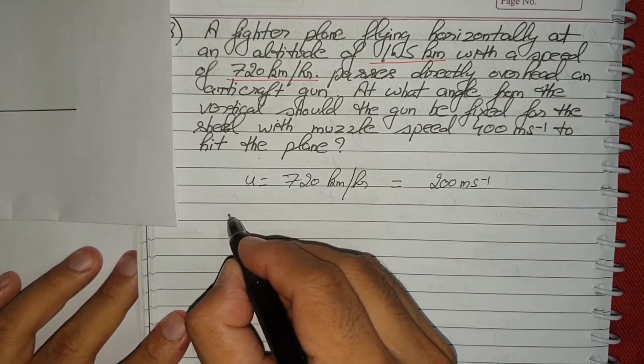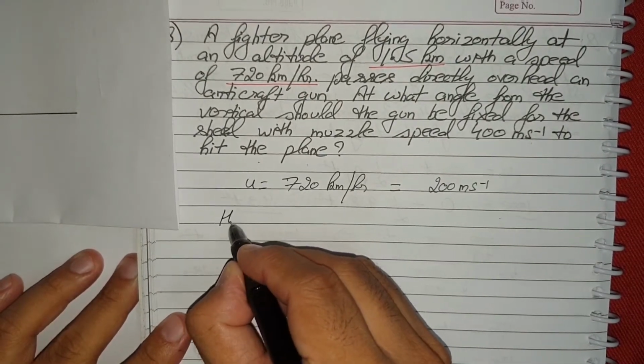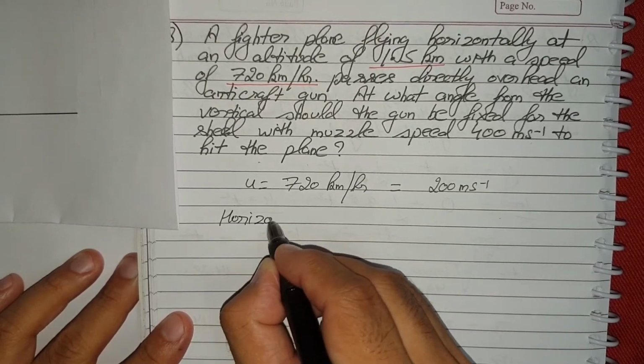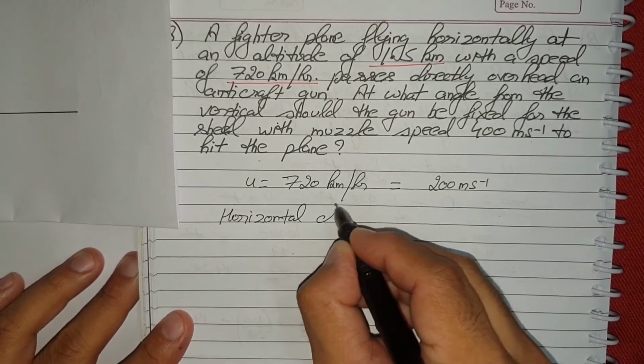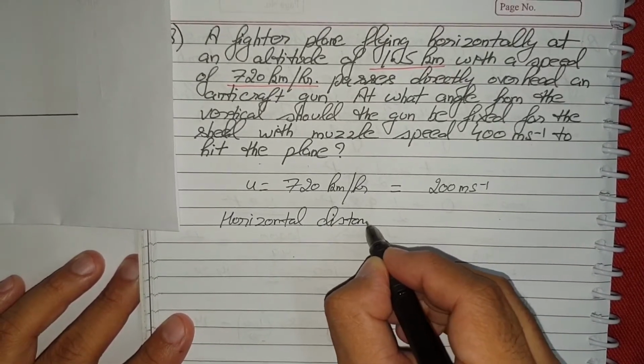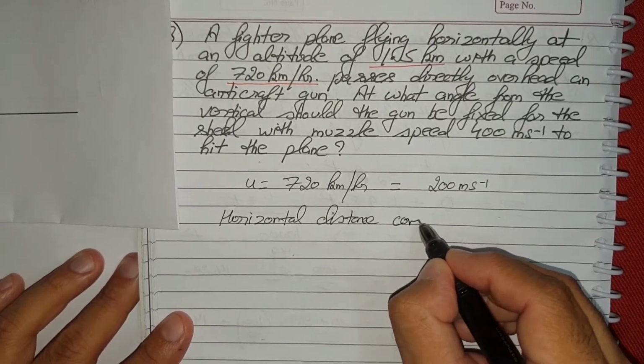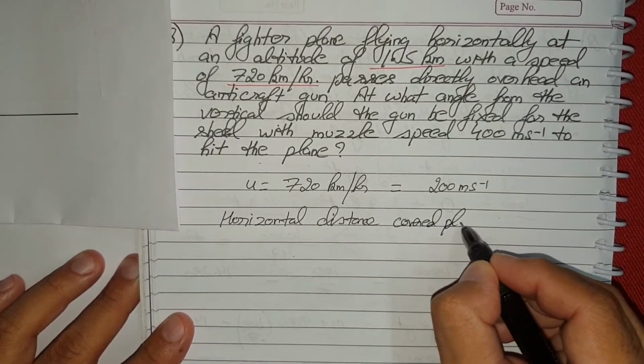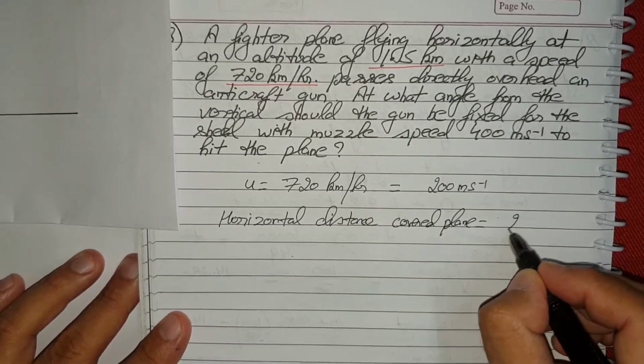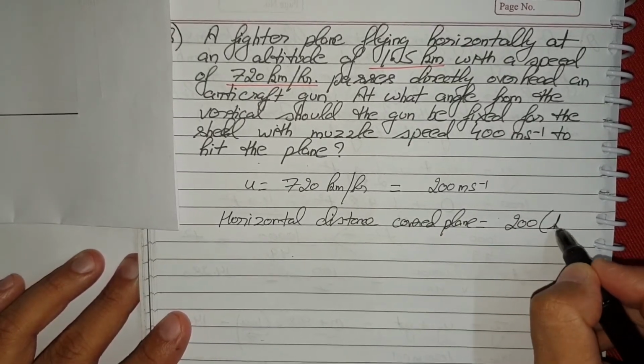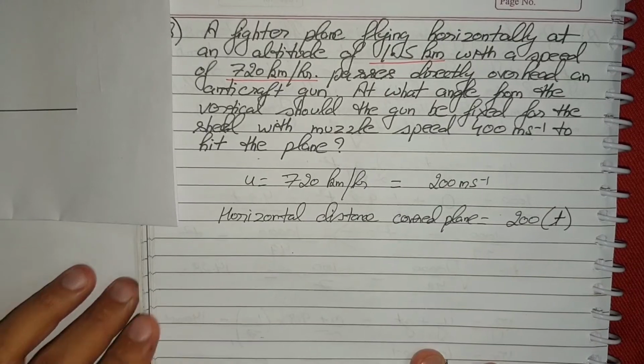So the horizontal distance covered by the plane is 200 t, speed into time.